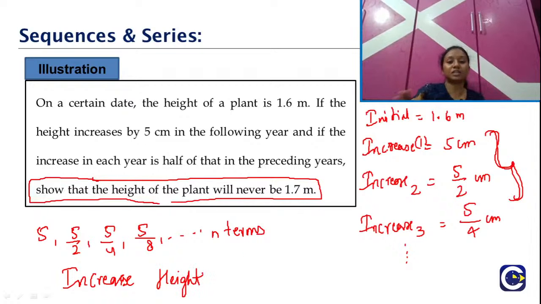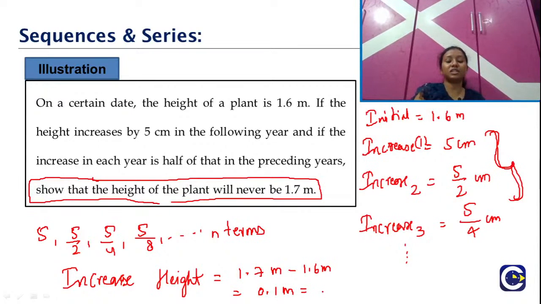This is my assumption. If the plant has reached the height of 1.7 meters, then my increase in height will be given by 1.7 minus 1.6 meters, which is 0.1 meters.